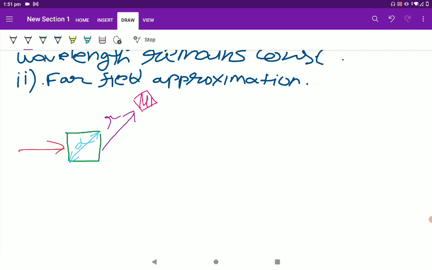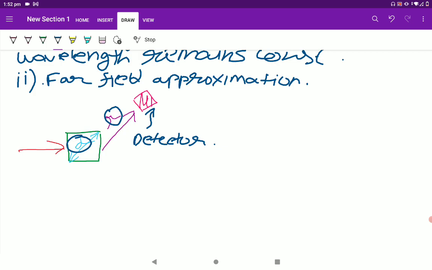Okay. This is the detector. So far field approximation means that you send the X-rays or electrons, and the typical size of the crystal, let's call it D, and then we put our detector at a distance R from the crystal.